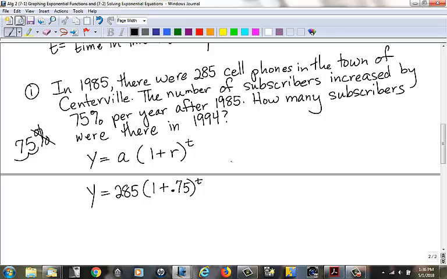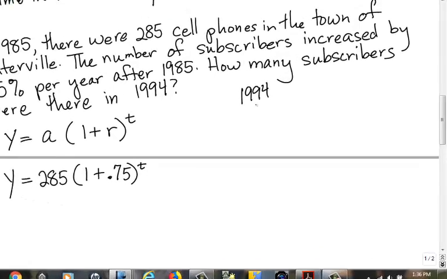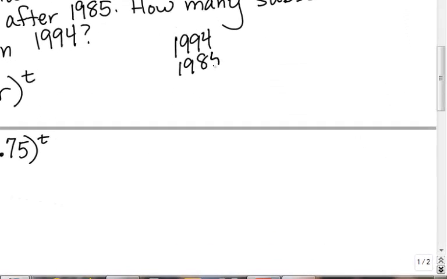And instead of using T, we're going to change it to an X on the calculator. So 285 times the quantity 1.75, and raise that to the X power. Now look at the years from 1994 to 1985. How many years? 9.